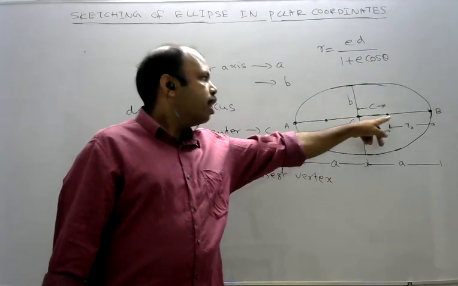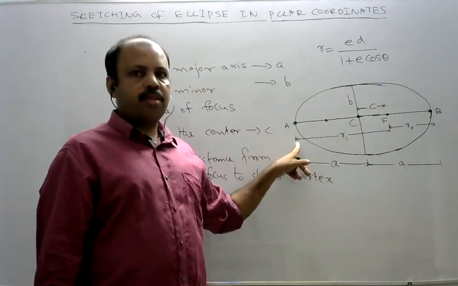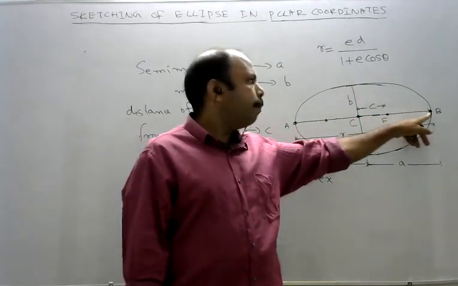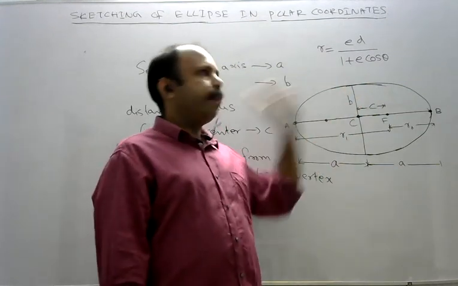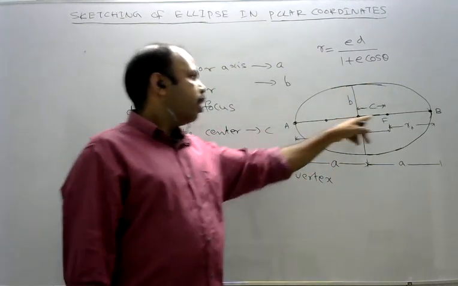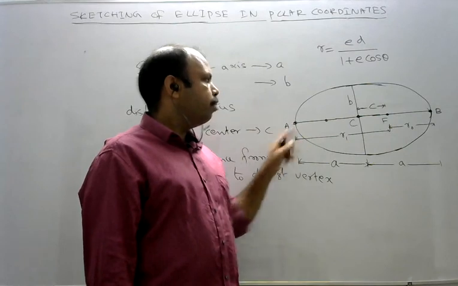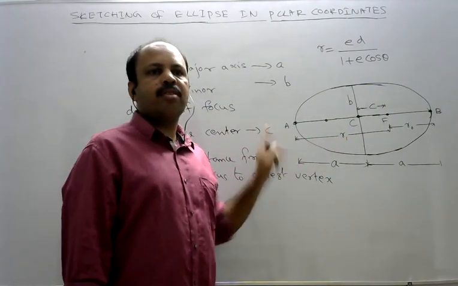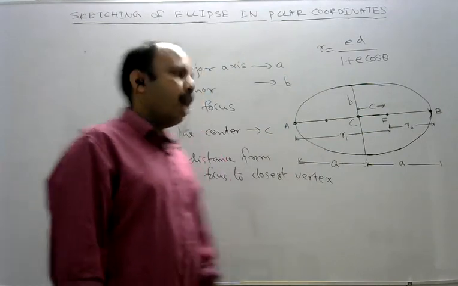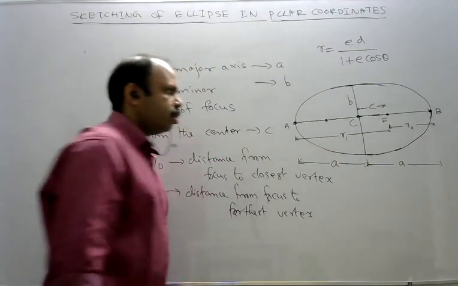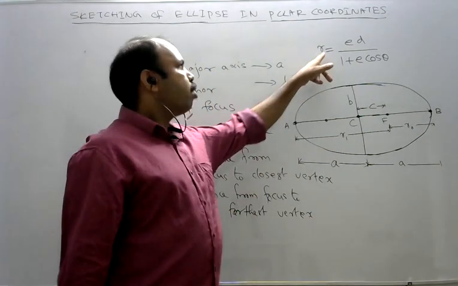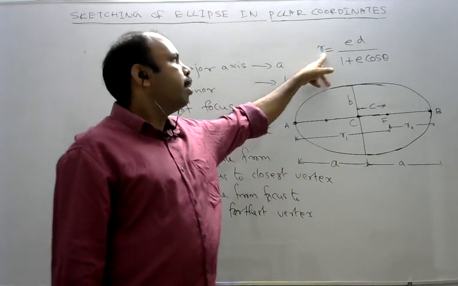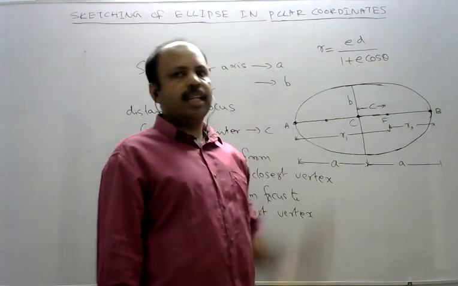A is the farthest vertex from the focus. We consider the vertices on the major axis, not on the minor axis. The distance from F to this farthest vertex is denoted by R1. We can determine these quantities from this equation by substituting suitable values for theta, as we discussed.